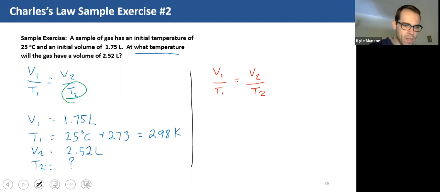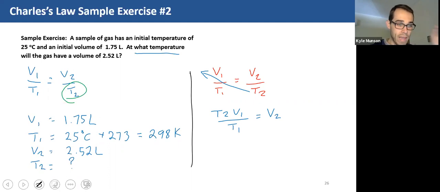Let's see here, get T2 over here, okay? So T2 times V1 over T1 is equal to V2 is what I have here. All right. And then what I'm going to do is cross multiply again.